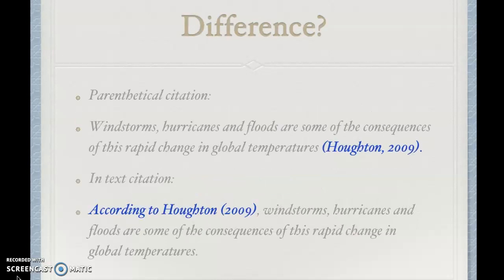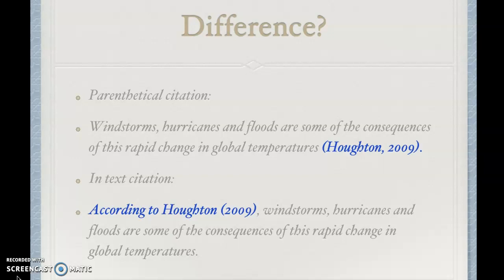So, what's the difference? Let's review. A parenthetical citation is a citation where the author's name and year of publication appear inside parentheses, usually at the end of the sentence that's been cited.